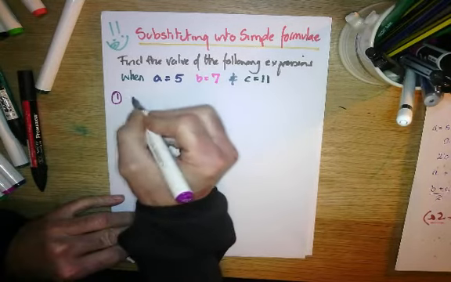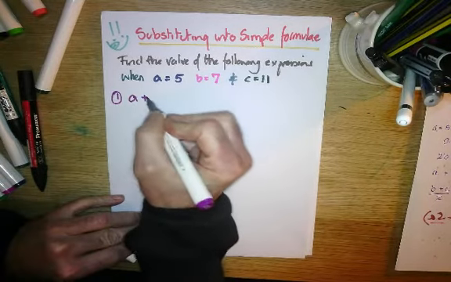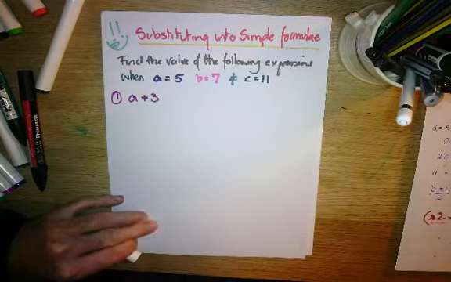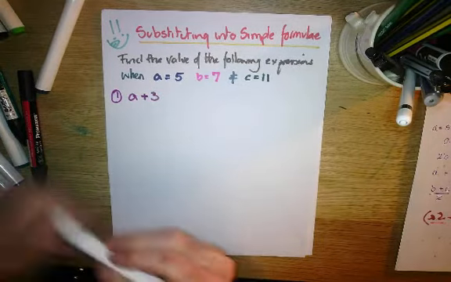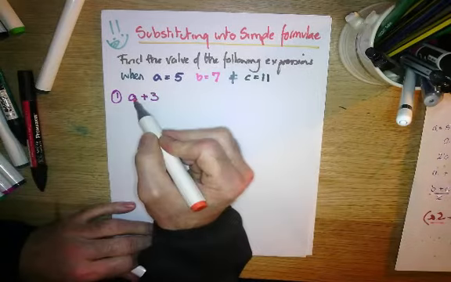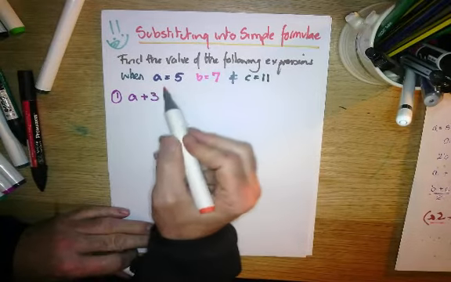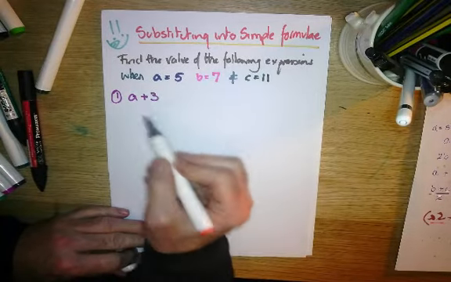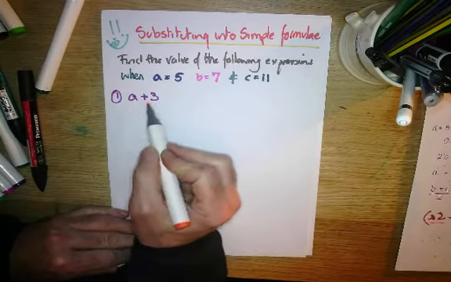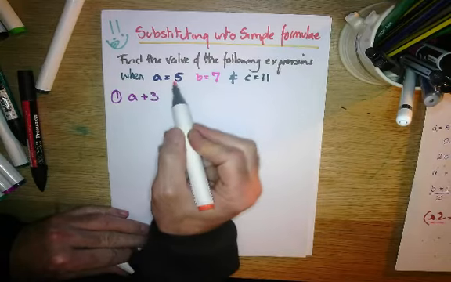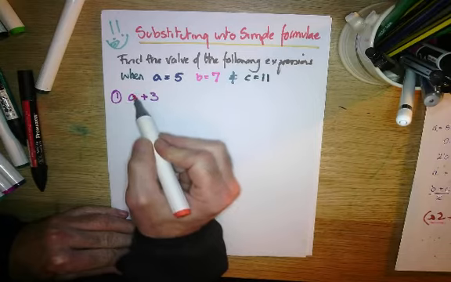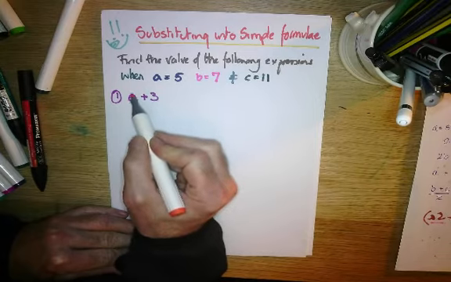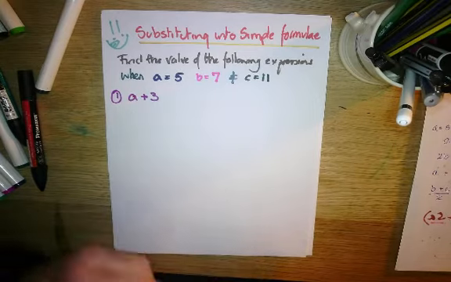So question 1. What is the value of this expression? Well, what you do here is you grab that value and you substitute it in. It says when A equals 5. So for A plus 3, if A is 5, instead of seeing the A, you put a 5.